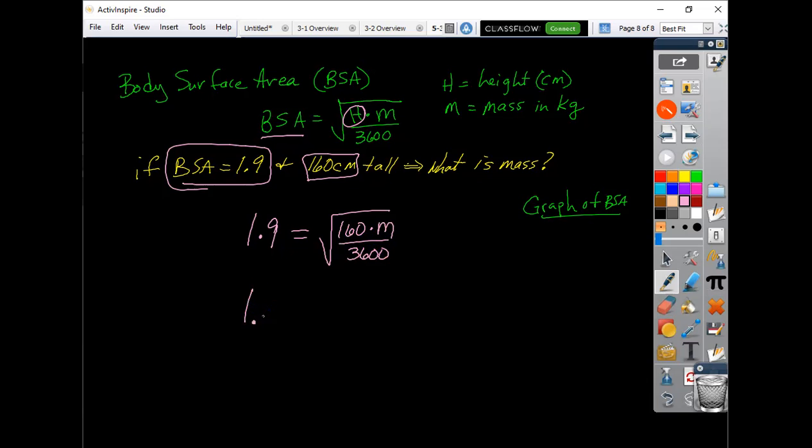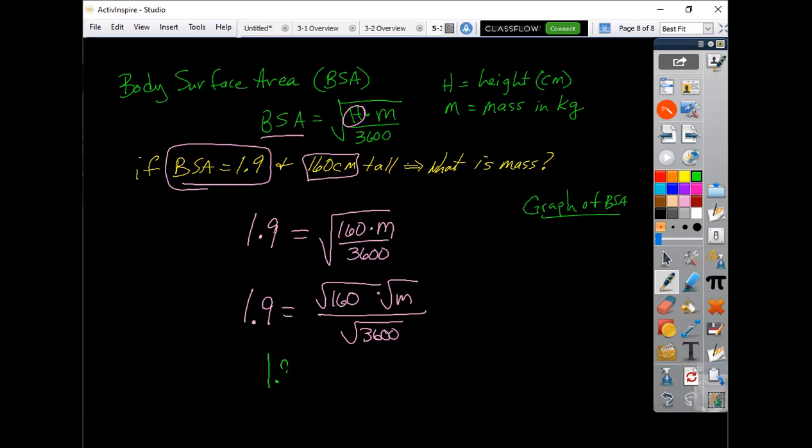So 1.9, and then the radical or square root property says you can split these when it's all either multiplication or division. And so something like that, or sometimes somebody else might split that just as one fraction with the square root of 160 over 3600. And I think I'll just leave it like this.